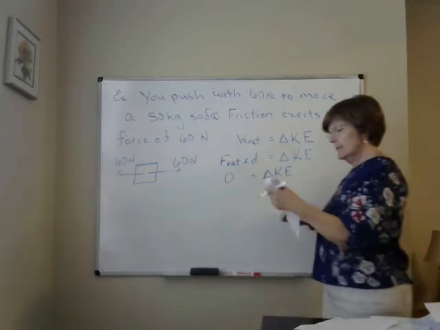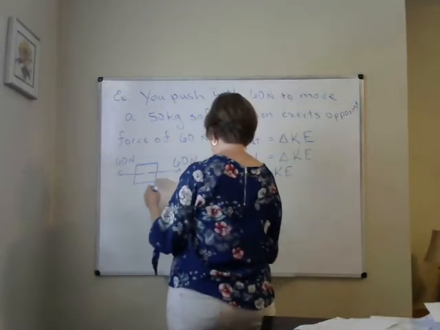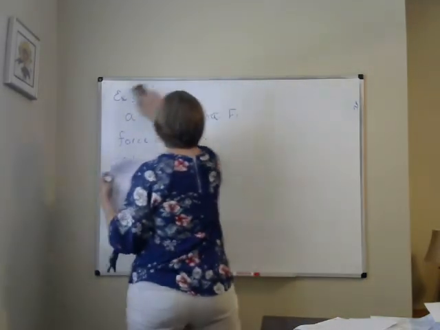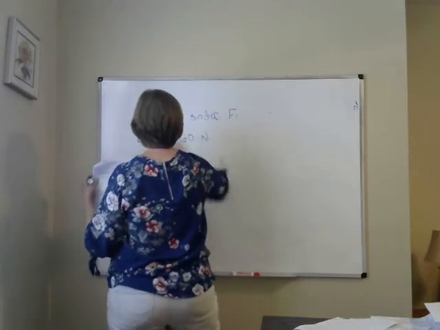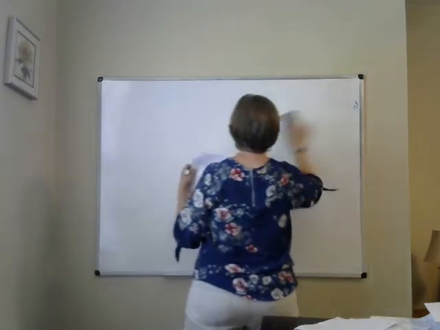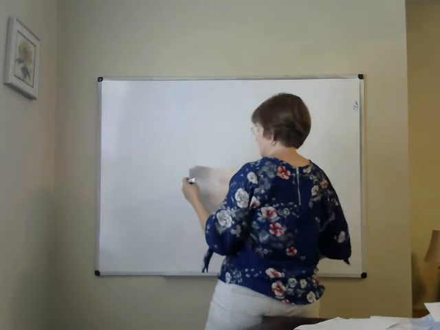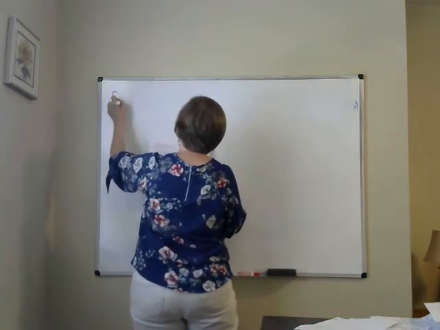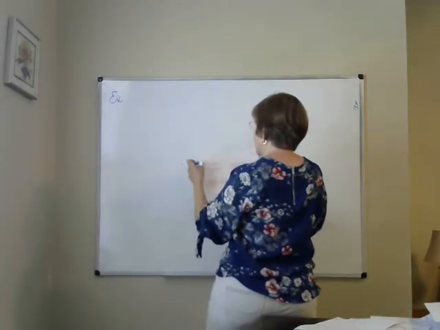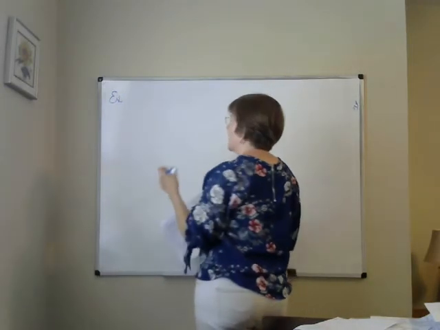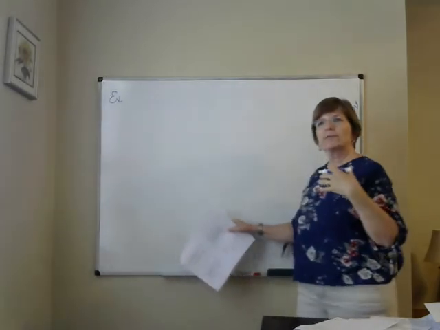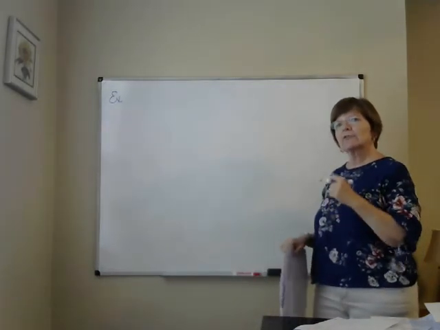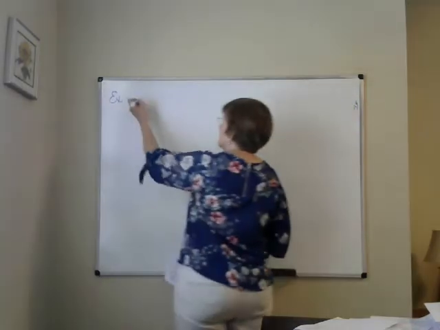Let's look at another example where there is a change, or where there's something else to look at at least. Suppose, for example, you slam on your brakes and the friction between the road and your tires and your brakes, there's a combined frictional force there, allows you to stop in 200 meters.